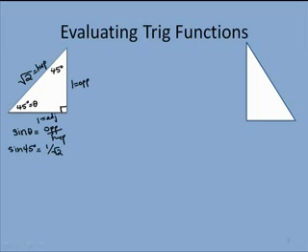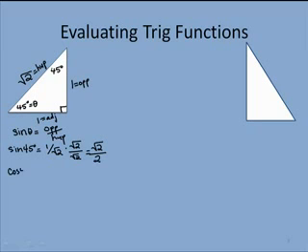But we can't have a square root in the denominator, so we have to multiply by 1. Square root of 2 over the square root of 2 equals 1. And we get the square root of 2 over the square root of 2 times the square root of 2, which is the square root of 2 squared. So that equals 2. Okay.